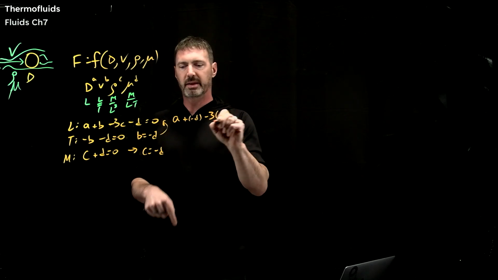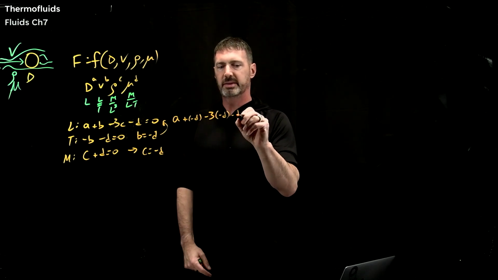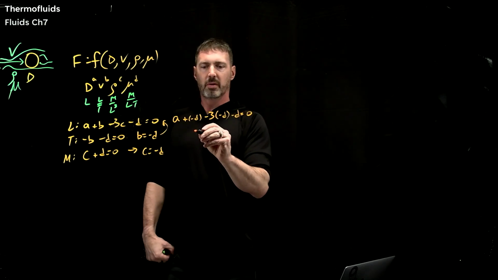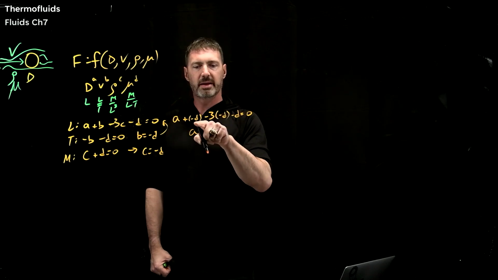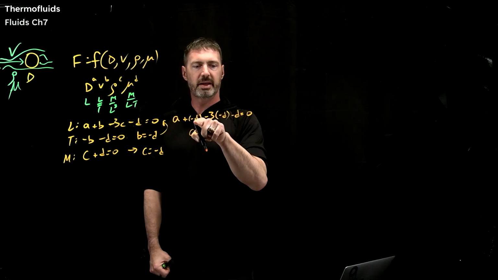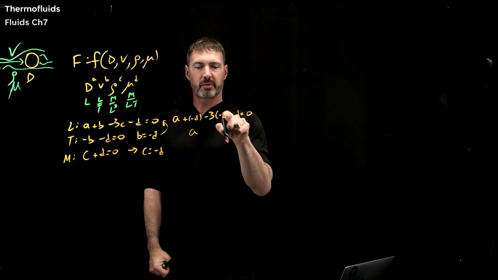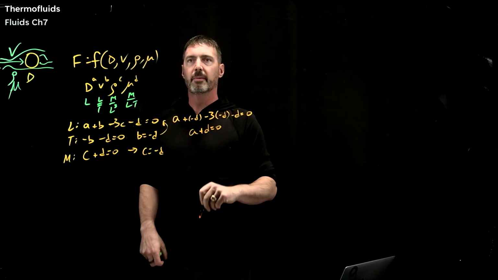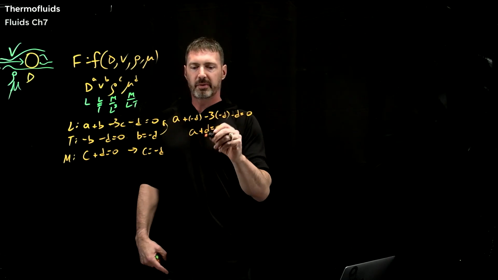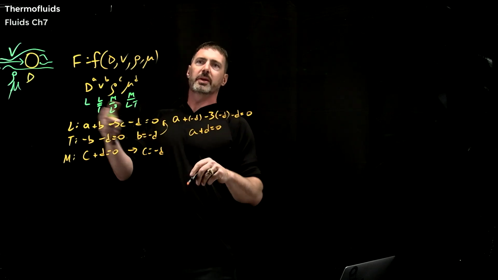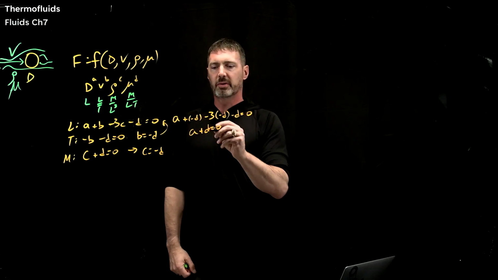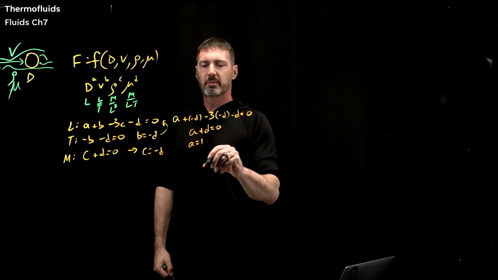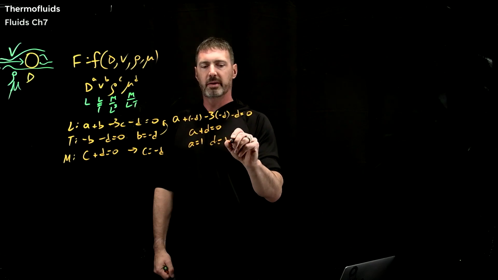Well, that's d, and then minus d is equal to 0. Or if you will, that should be a. I have a minus d, so plus 3 minus 1, a plus d is equal to 0. And then you kind of get a freebie. You don't get a freebie, you're welcome to find this. So I'll just choose a equal to 1, which means d is equal to minus 1.